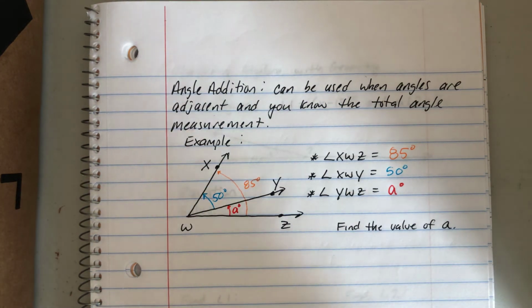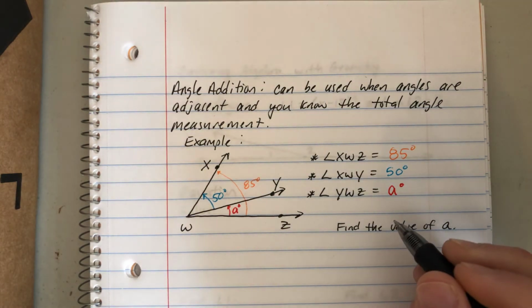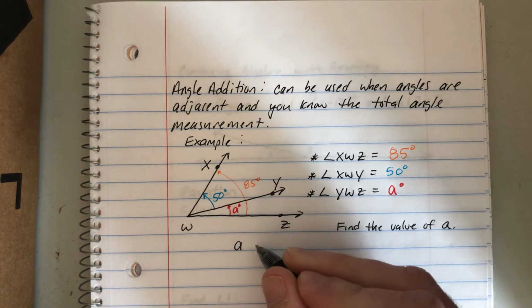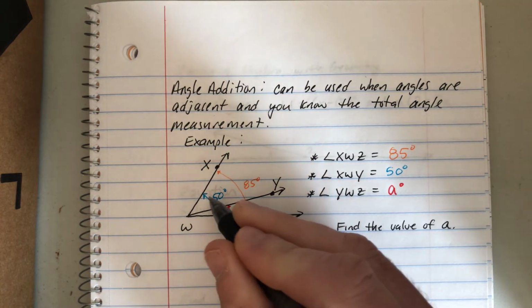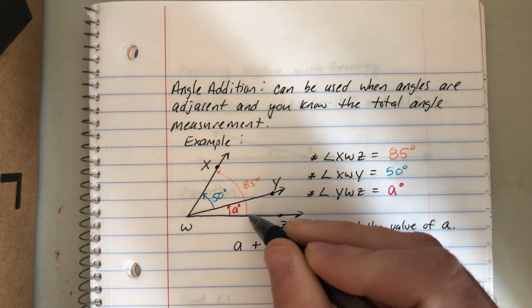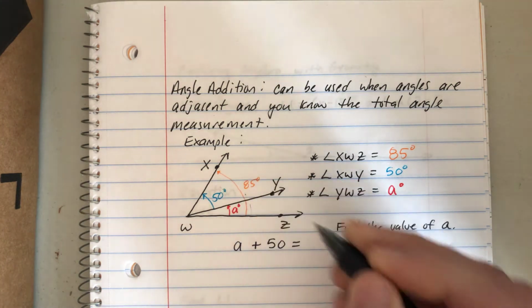So using the angle addition idea, let me find a color I can use, sorry. We can take this little piece, angle A, we can add it to this other portion of 50, and it'll equal the whole angle XWZ, which is 85.